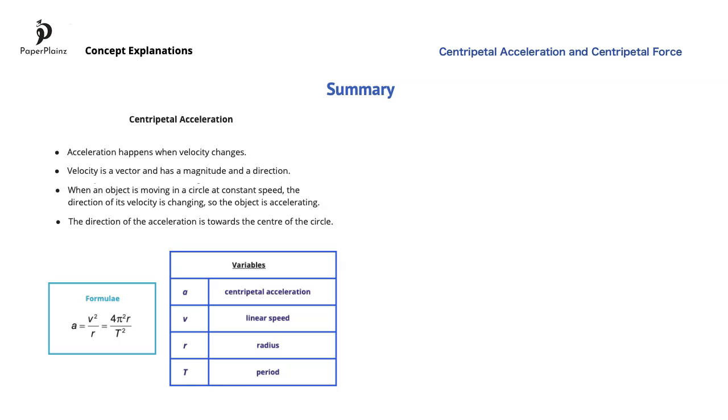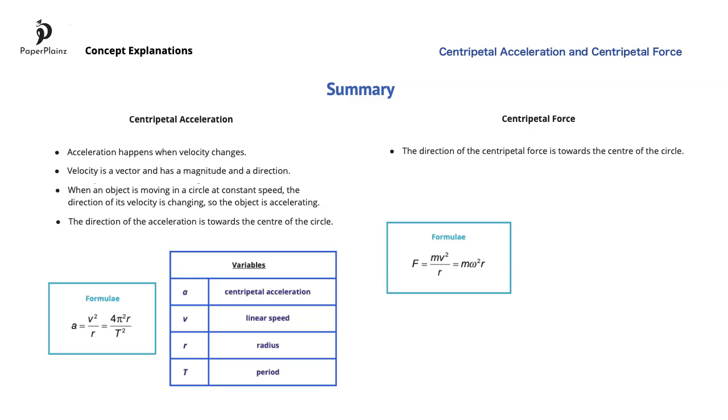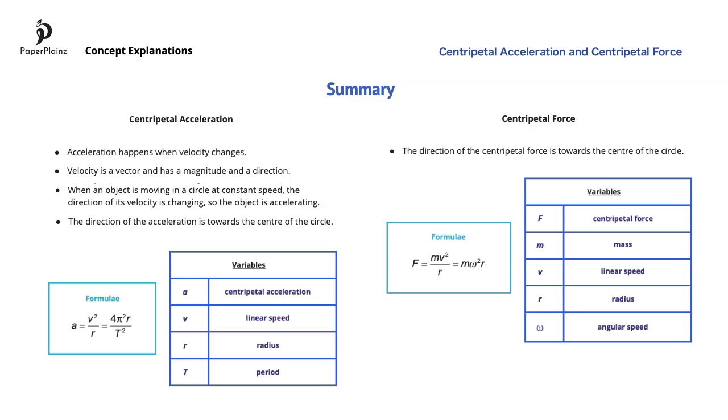Next, we moved on to centripetal force and learned that logically, the centripetal force is also pointing towards the center of the circle. Then we learned that the magnitude of the centripetal force can be calculated by using one of two formulae, and we added the variables that are present in these formulae.